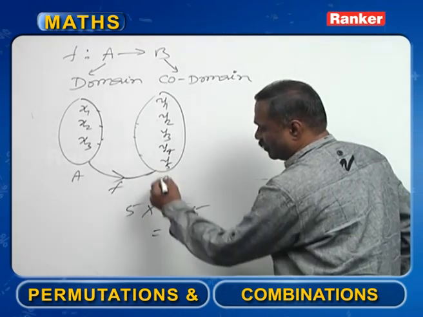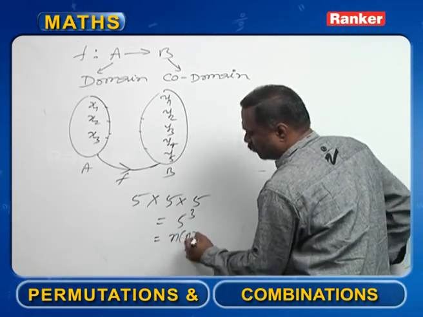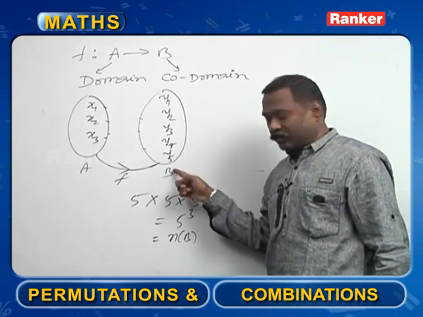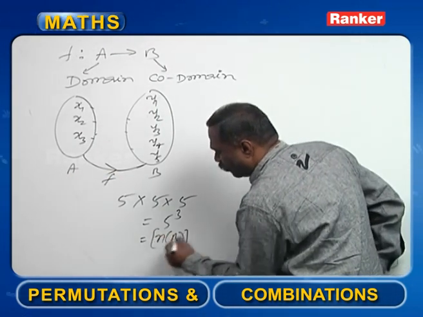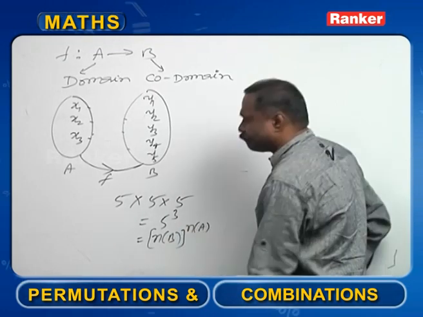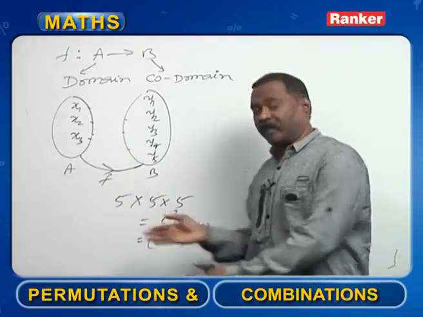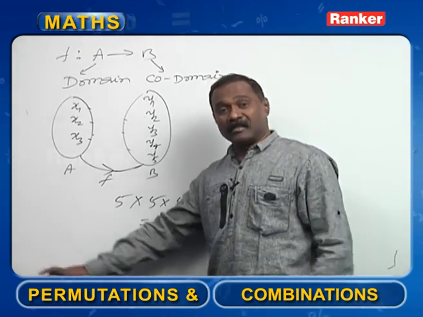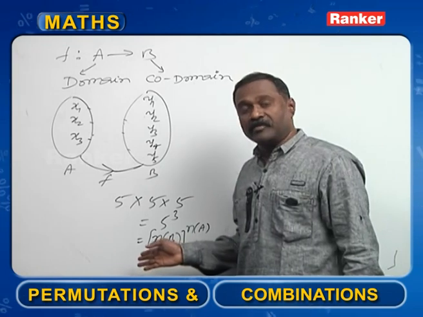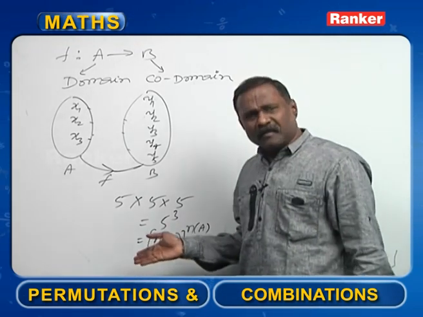In what way can this be related? This 5 is nothing but n(B), the number of elements in set B, and 3 can be said as n(A). So n(B) whole power n(A) is nothing but the number of functions. You might have understood now how we derived this using simply the principle of counting.